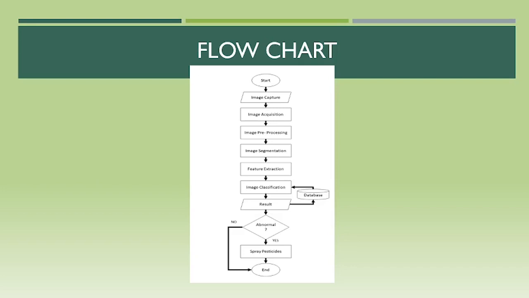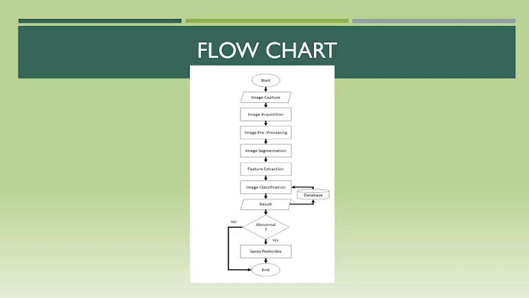Image acquisition will import the image to the Matlab software, and then image pre-processing will remove any distortion of the image. Image segmentation will divide the image into a few clusters. Feature extraction will extract useful information from the clusters.